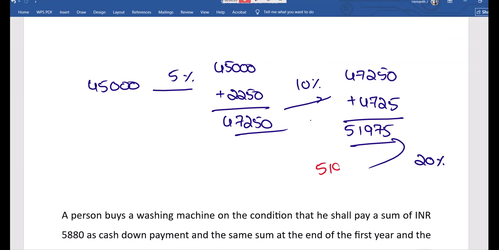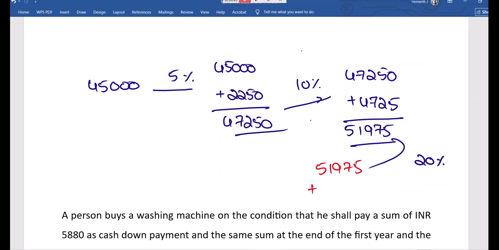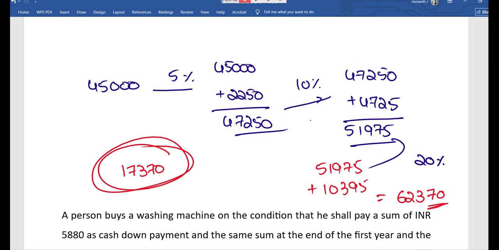So 51,975 plus 20%, dividing 51,975 by 5, gives 10,395. This will give 62,370. So the extra is 17,370. Compound interest is 17,370. So this is one method.